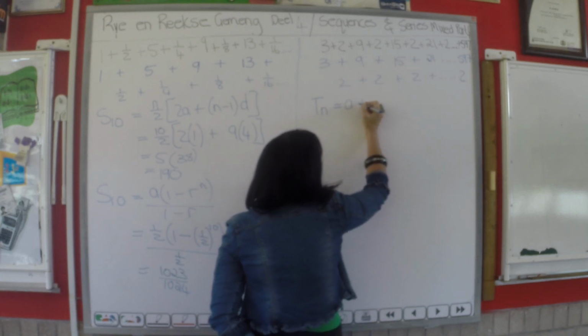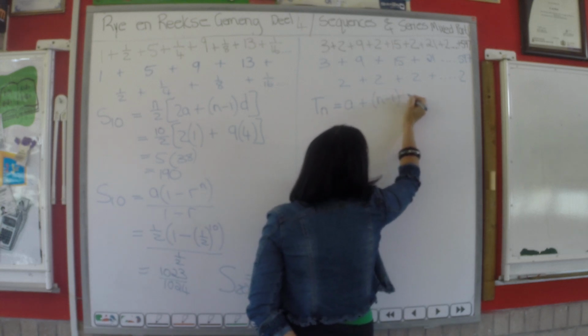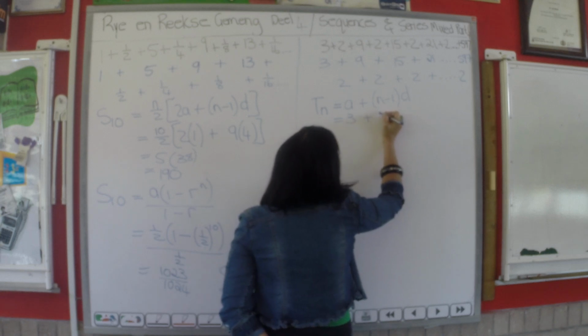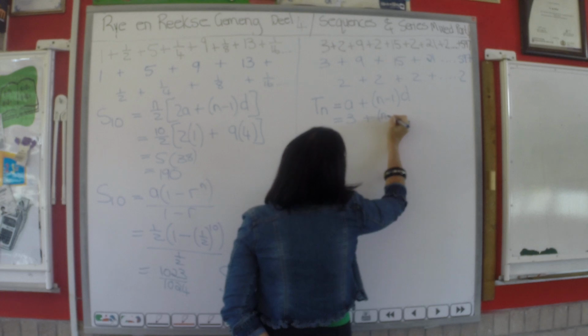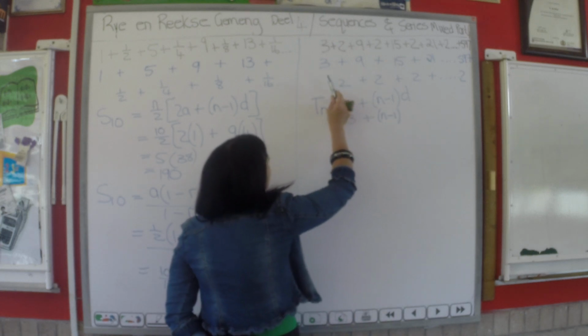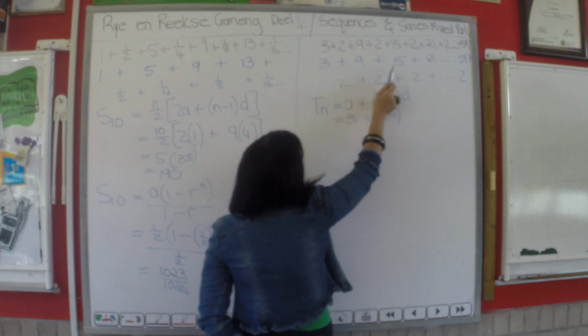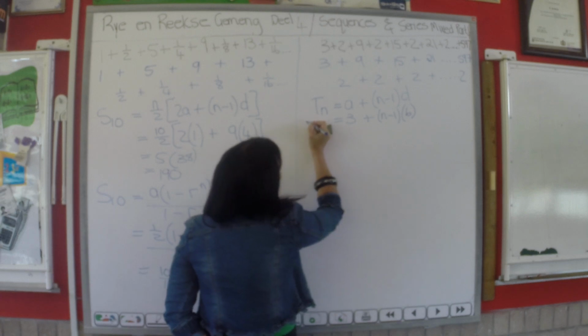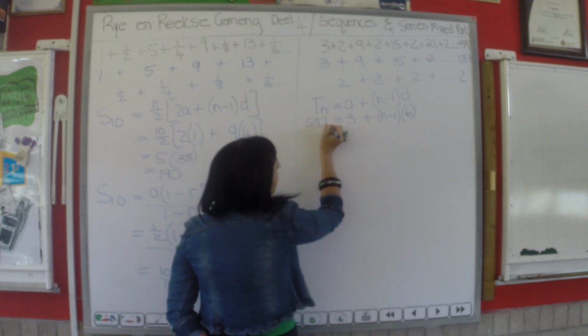So it's a plus n minus 1 d. So a is 3 plus n minus 1 d, and I can see that 3 plus 6, 9 plus 6, so d is 6. So I've got the last term is 597.